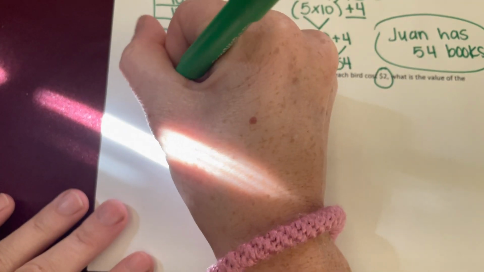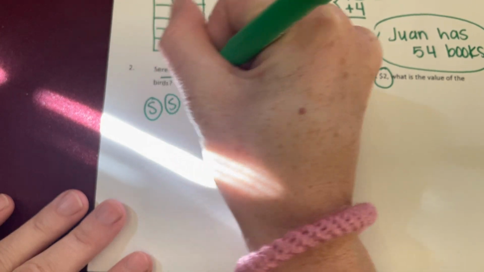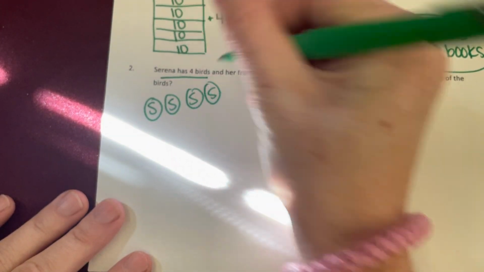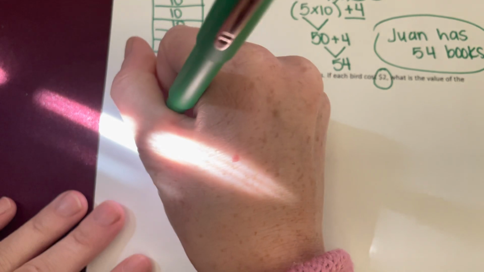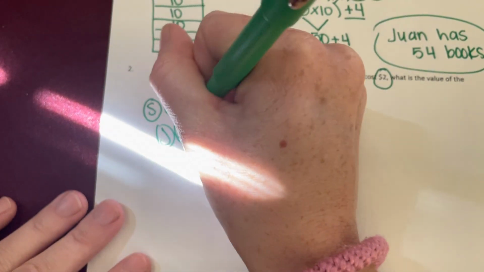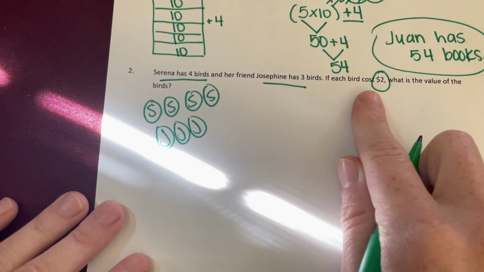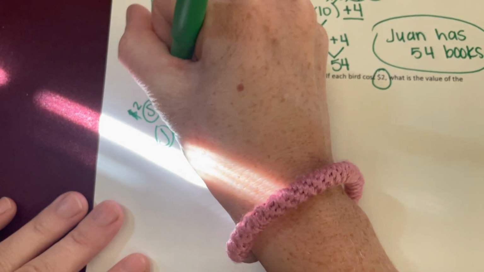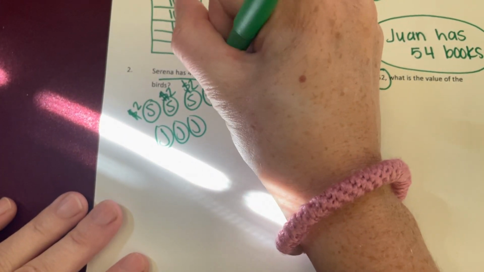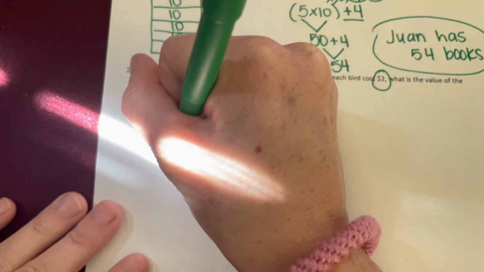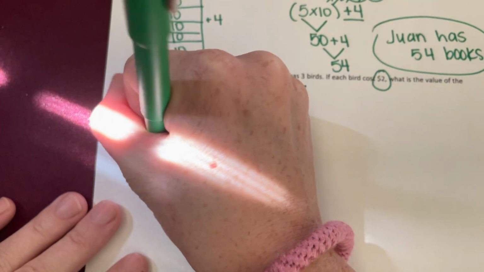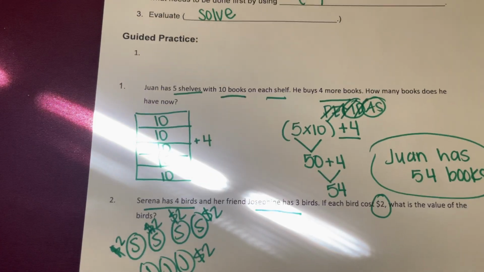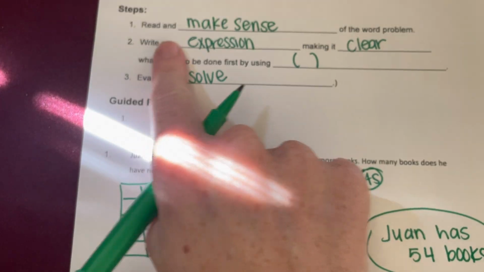Here's Serena's birds. She has 1, 2, 3, 4. And now here, Josephine's birds. 1, 2, 3. And then each one is $2. So this one's $2, this one's $2, $2, $2, $2, $2 and $2.